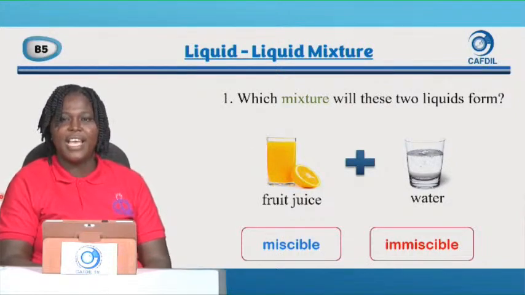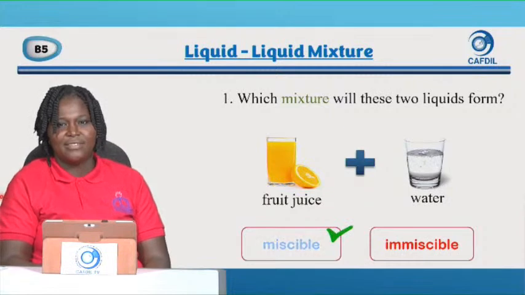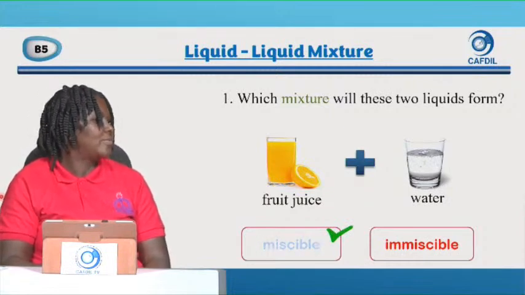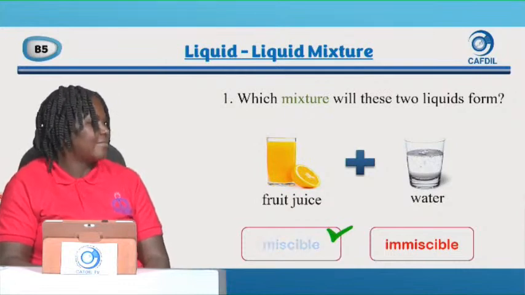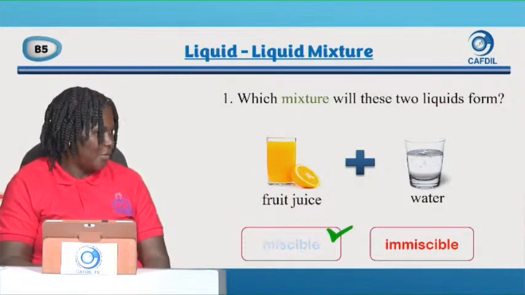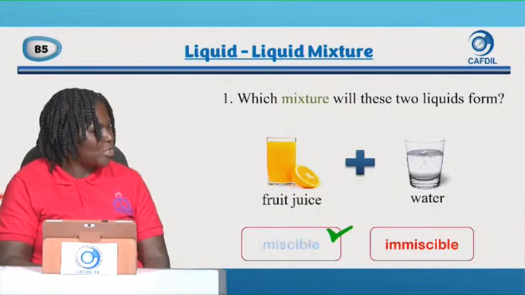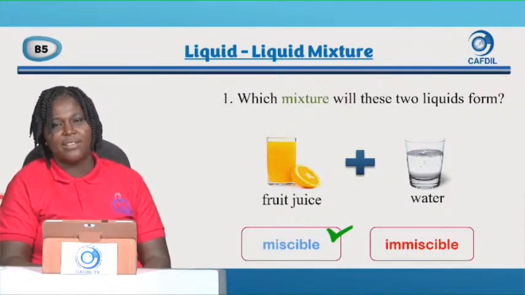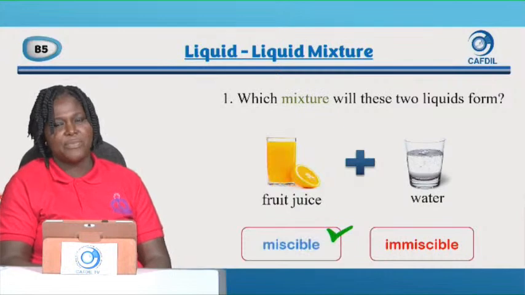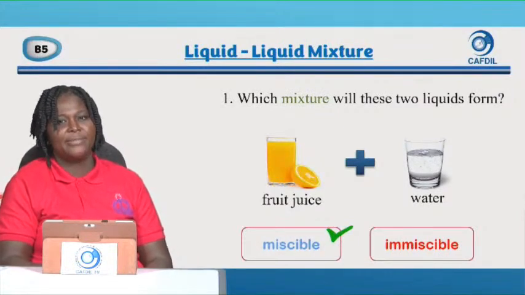Fruit juice and water is a miscible mixture. The fruit juice will mix completely with the water, forming a uniform mixture. You will not see the fruit juice separately from the water. They will mix completely. Good.